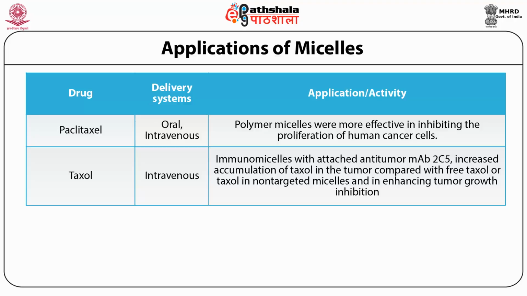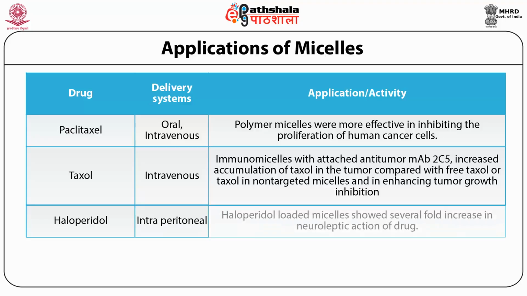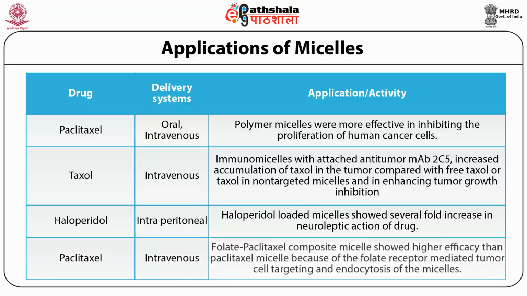Then in the case of haloperidol, which is given by intraperitoneal route, these micelles showed several-fold increase in the neuroleptic action of the drug. Then paclitaxel, which is given by IV route, folate paclitaxel composite micelles showed higher efficacy than paclitaxel micelles because of the folate receptor mediated tumor cell targeting and endocytosis of the micelles by these cells.